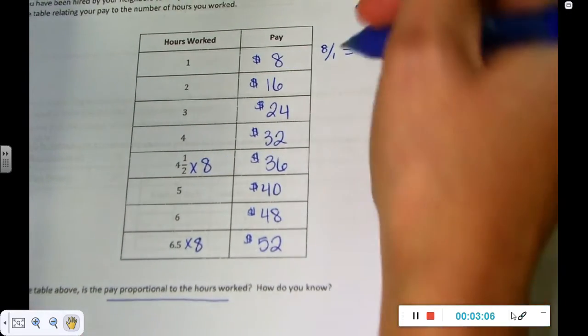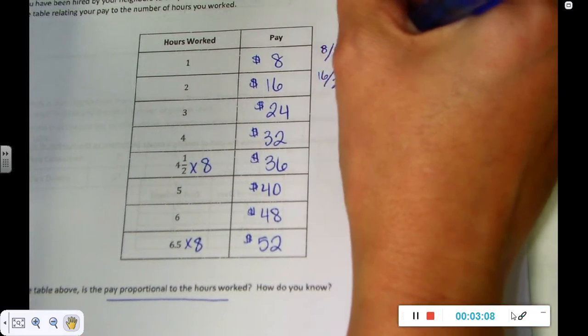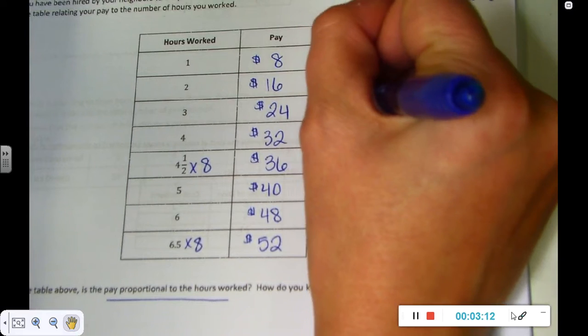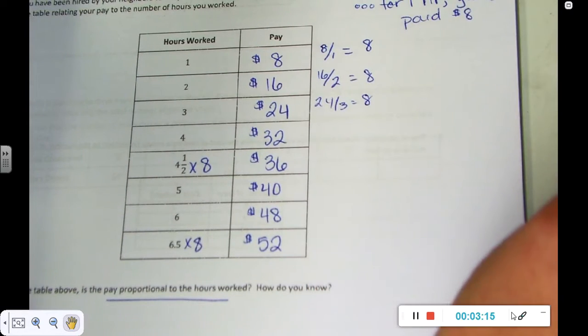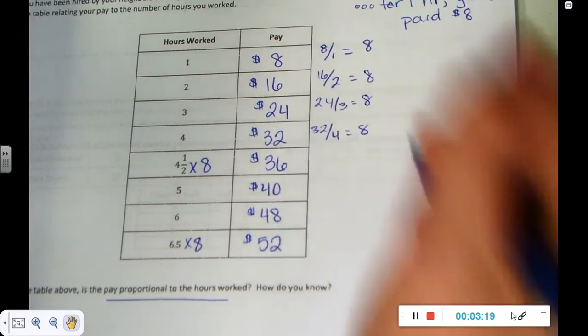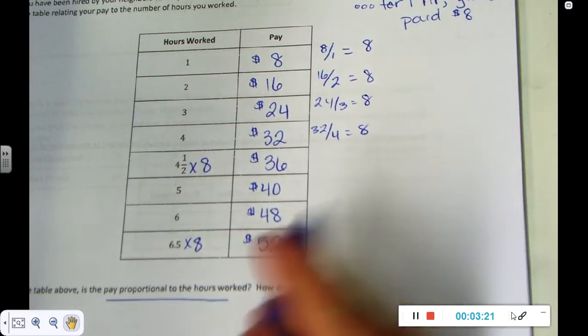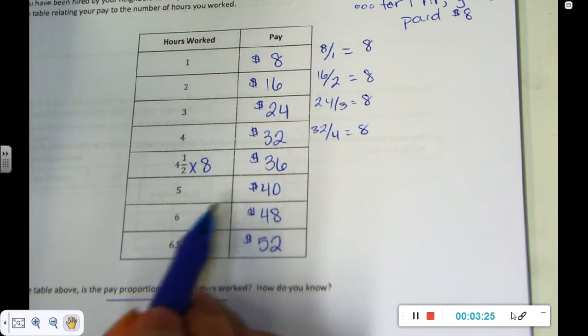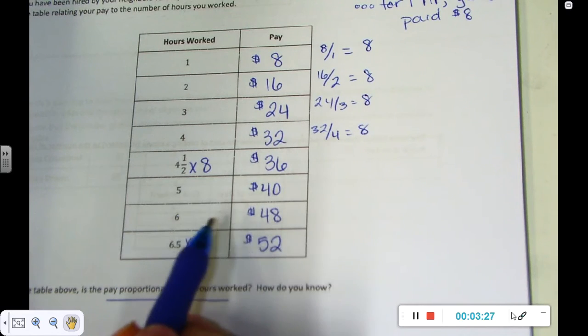The second one as a ratio, 16 to 2. 16 divided by 2 is 8. 24 to 3 is a unit rate of 8. 32 to 4 is a unit rate of 8. We already know that this is a unit rate of 8 because that's what we multiplied by. 40 to 5 is a unit rate of 8, 48 to 6, again, a unit rate of 8.